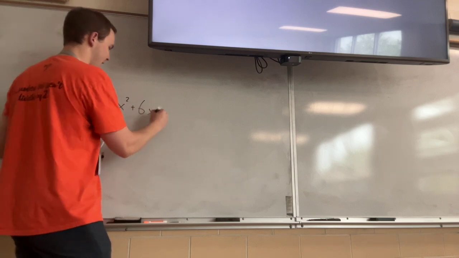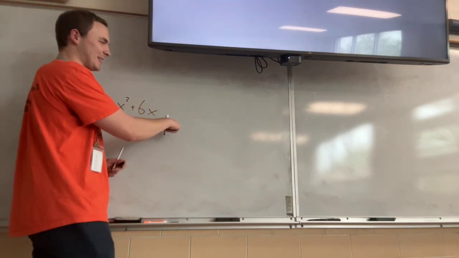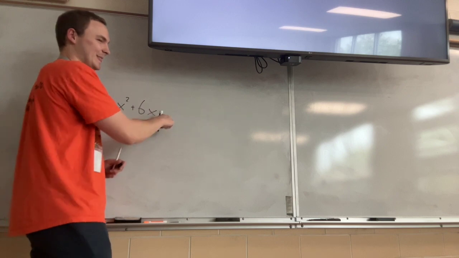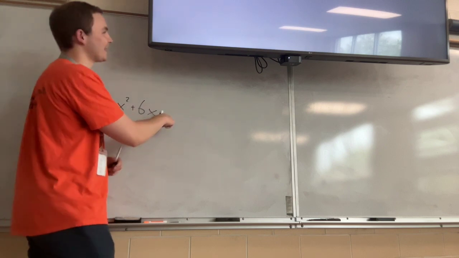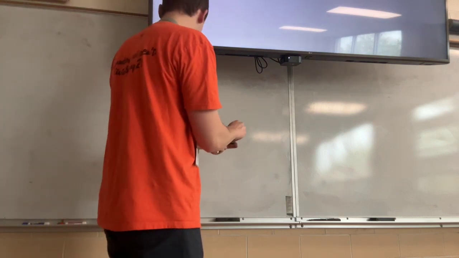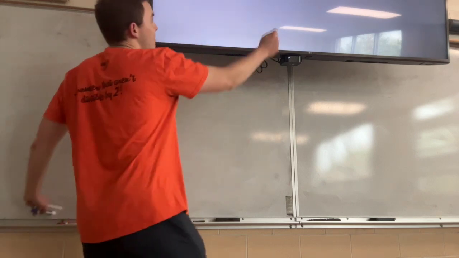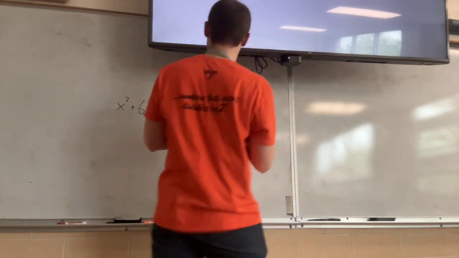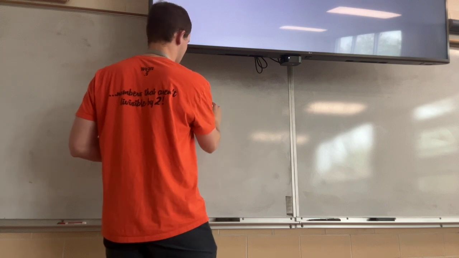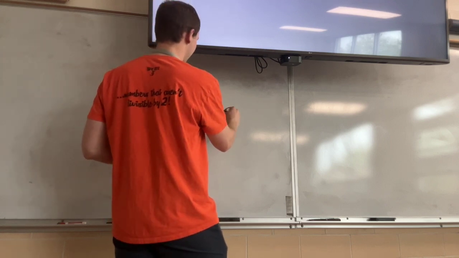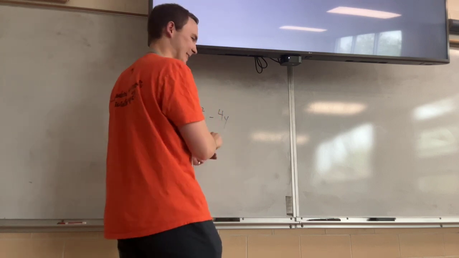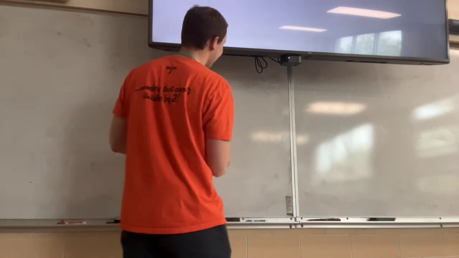I'm going to leave a little space, because why? Complete the square. And then I'm going to write my y terms next to each other, and leave a little bit of space here, because why? Complete the square.